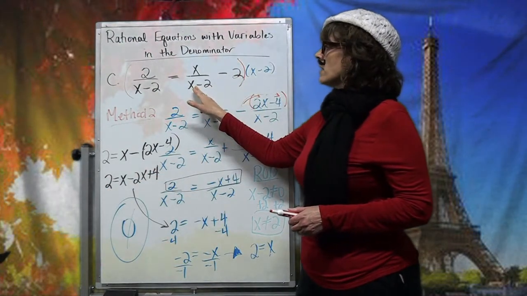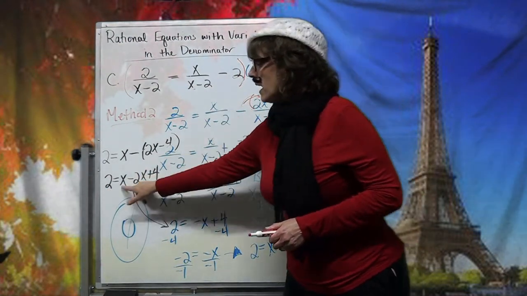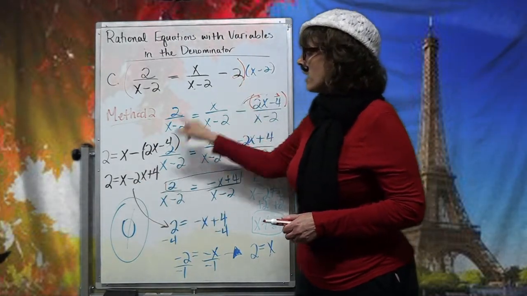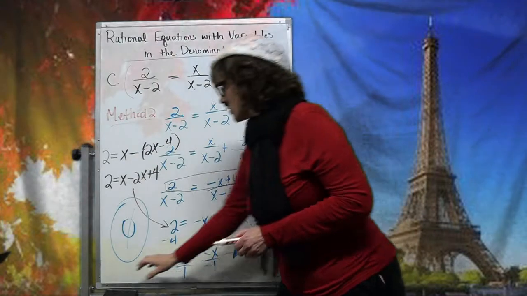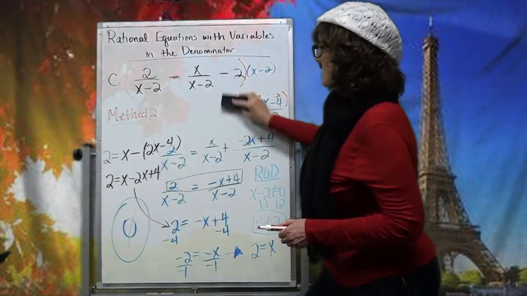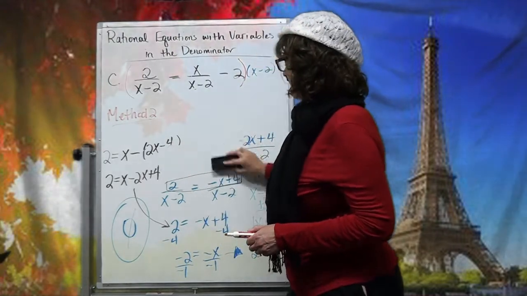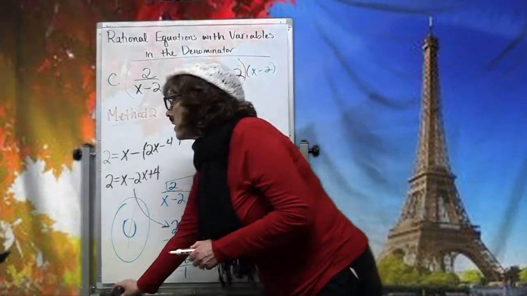Multiply it here, cancels out, and I'm left with an x. When I multiply it here, I've got a negative 2. Actually, let me step back a second. I'm not doing a good job of explaining this. Clean this up. All right.